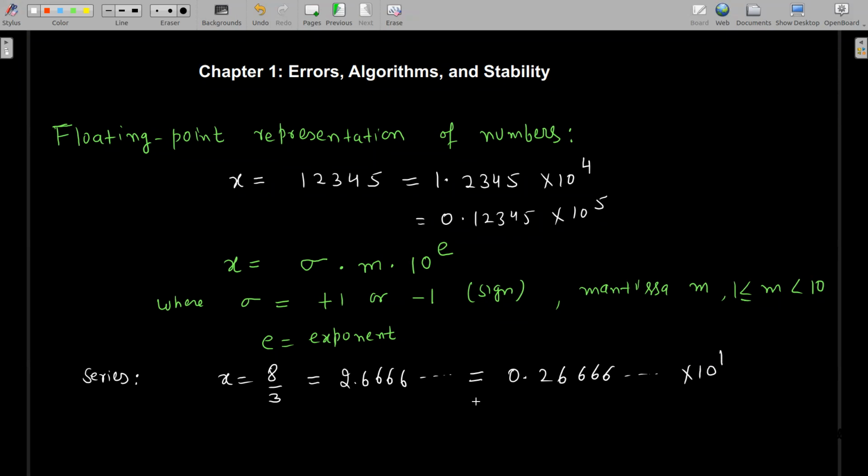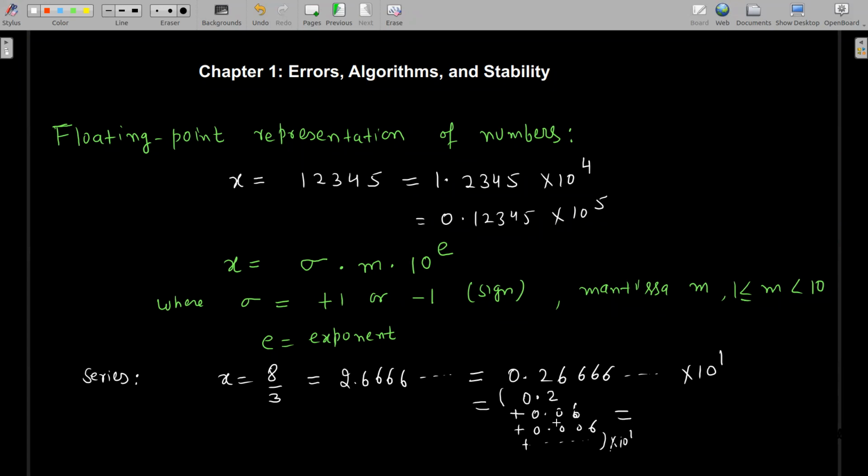Formally, it can be written as 0.2 plus 0.06, plus 0.006 and so on. You can write them like that, right? Add the points and you will get this number. And of course, you will multiply everything with 10 power 1.